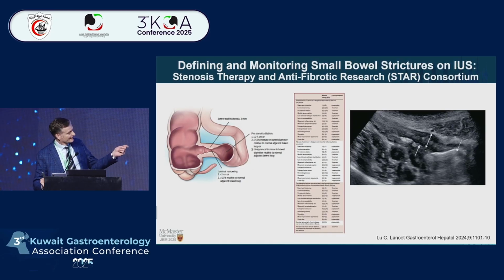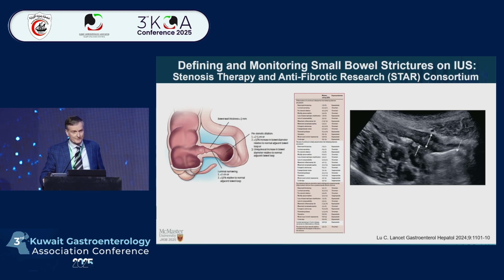There has to be luminal narrowing on imaging, there has to be an increase in bowel wall thickness, and there should be pre-stenotic dilatation in order to make a diagnosis of a clinically significant stricture. This is an example of measurements from ultrasound. There's a very similar paper looking at measurements using MR enterography. So to define a stricture, we really look for these 3 components: wall thickness, luminal diameter, and proximal dilatation.